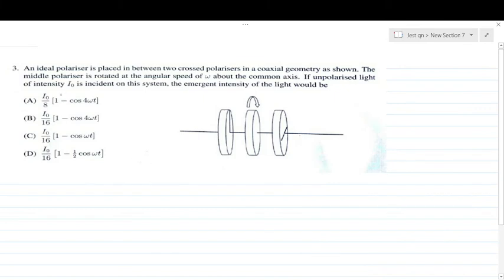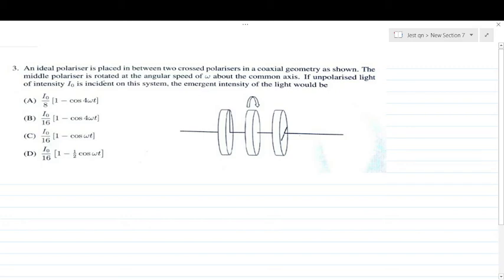As you know, this question has already come in the exam several times, so it will be very easy for you. Still, I am going to solve this again. Okay, an ideal polarizer is placed in between two crossed polarizers in a coaxial geometry as shown in the figure.